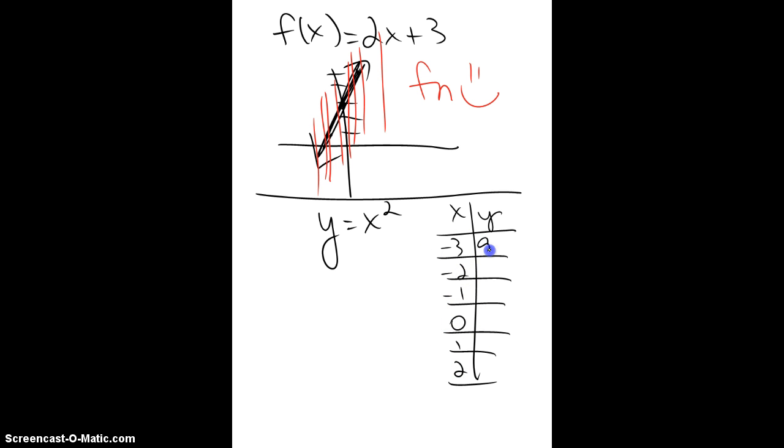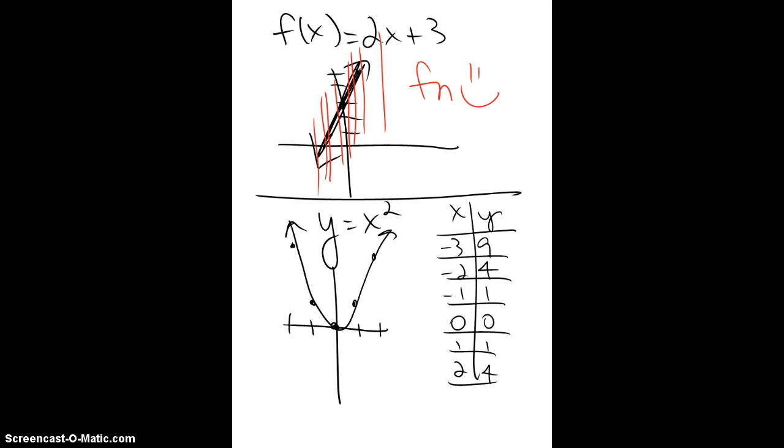If I square that, I get 9. Square that, I get 4. Square that, I get 1, 0, 1, and 4. And so if I graph that, I have points at (0, 0), (-1, 1), (1, 1), (2, 4), somewhere up there. So I get a parabola that goes through the origin because it hasn't been shifted.